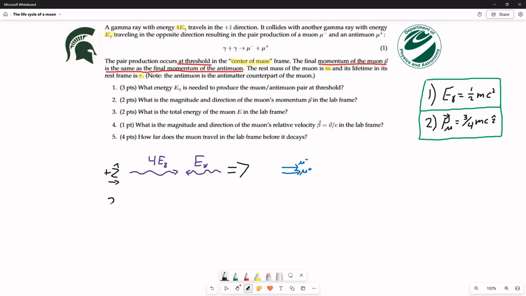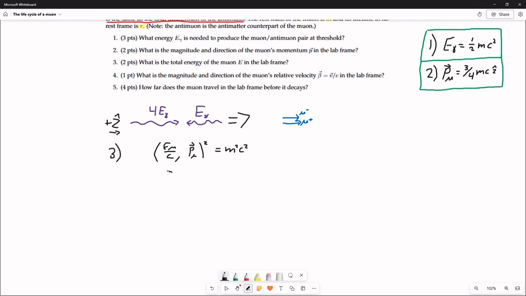On to number 3. What is the total energy of the muon in the lab frame? Again, we're going to use 4 momentum, so this is going to be E mu over c and momentum mu, squared, and that is going to equal m squared c squared. Perfect. Let us expand this. We have E mu squared over c squared minus momentum mu squared equals m squared c squared.